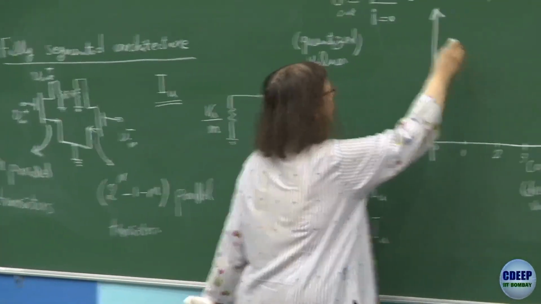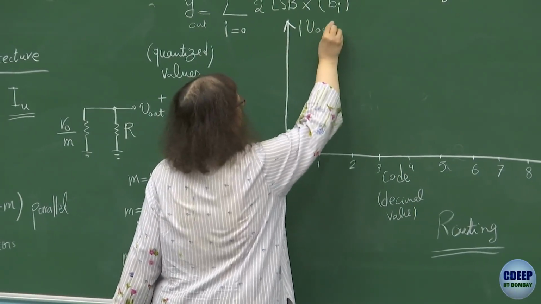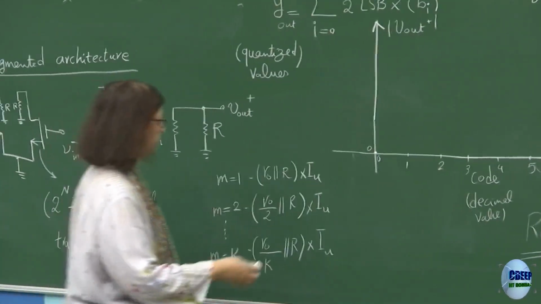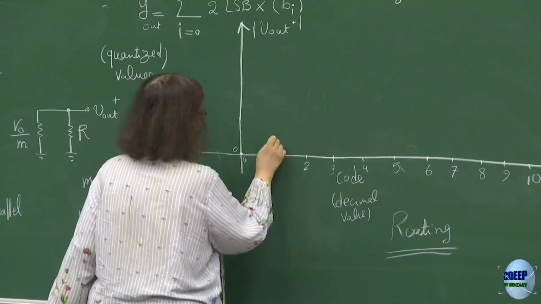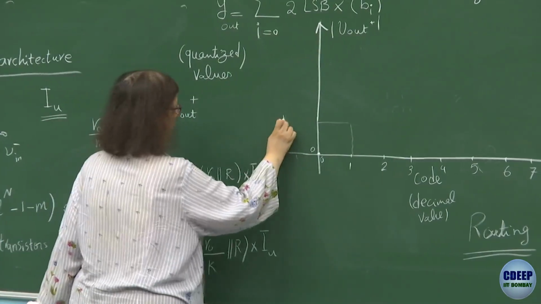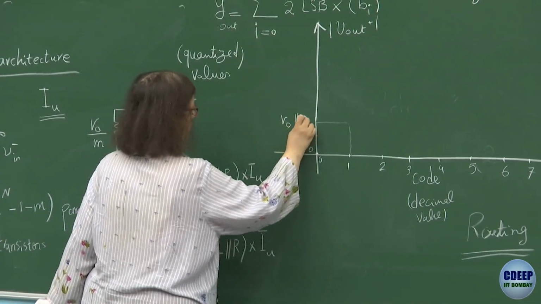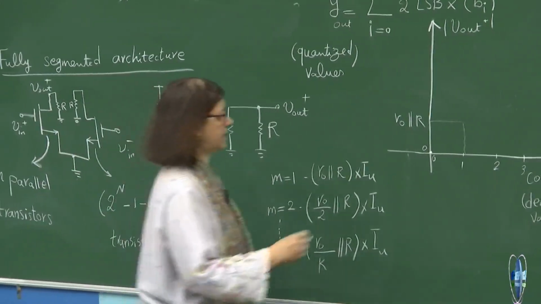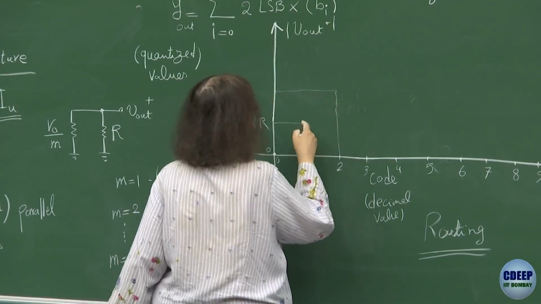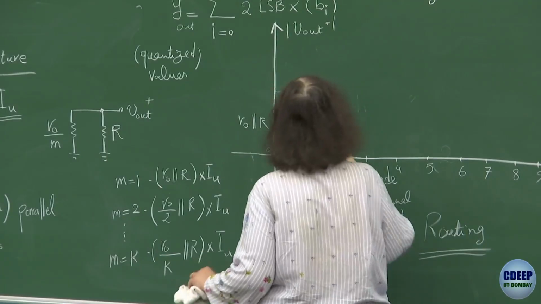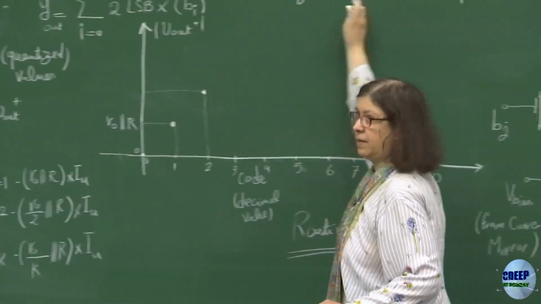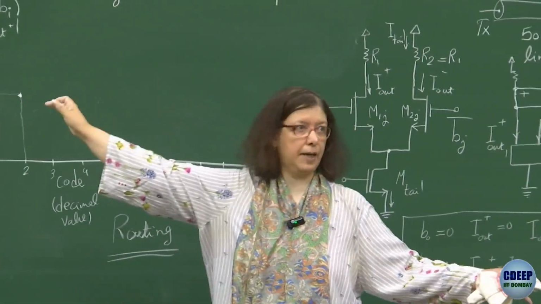Here I will put the absolute value of the small signal. The first one is RO parallel to R. The next one will be less. One bit may not be a significant difference, but just to show you, the next value is supposed to be here, next value here, and then you will have a straight line. This is the characteristic of an ideal DAC.